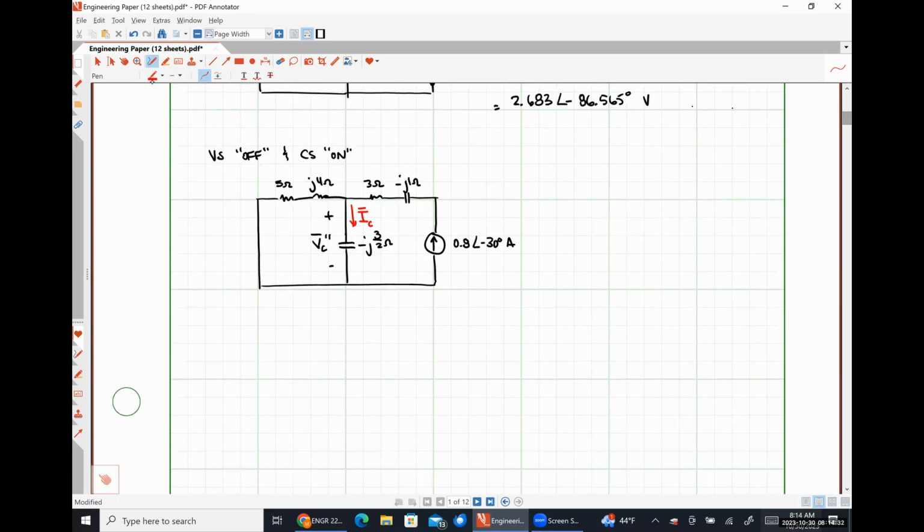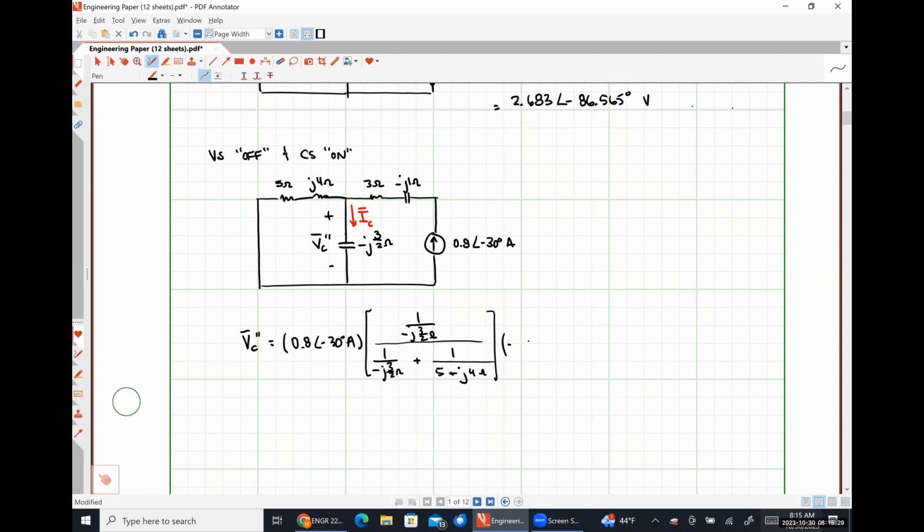So I can say that VC double prime is going to be 0.8 angle negative 30 degrees amps multiplied by 1 over negative j3/2 of an ohm divided by 1 over negative j3/2 of an ohm plus 1 over 5 plus j4.